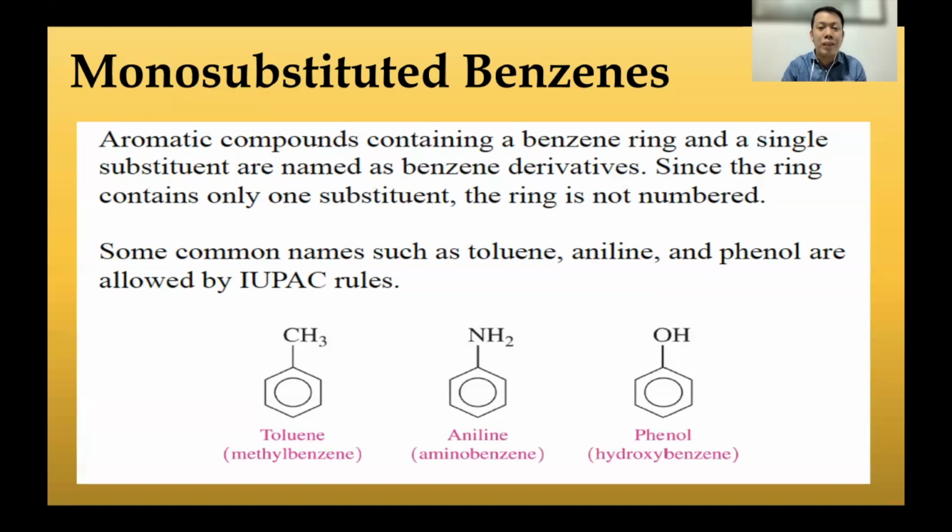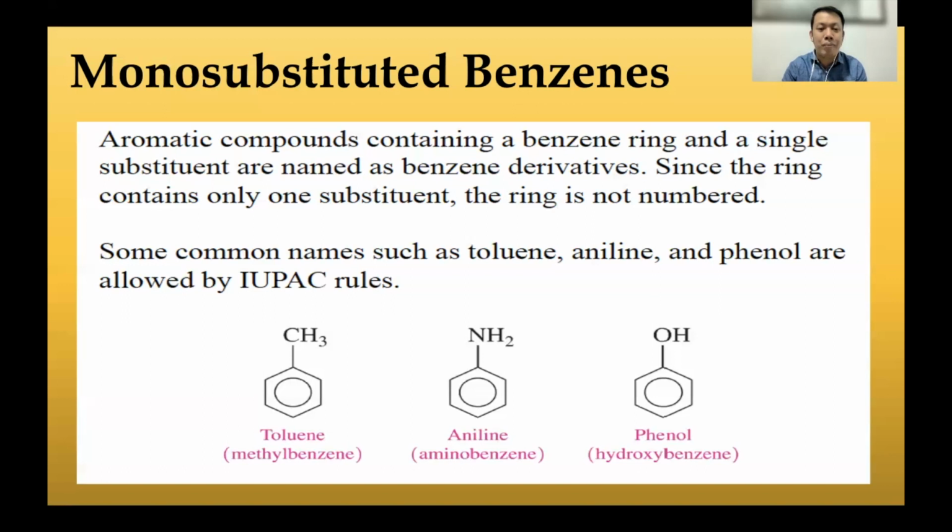Unlike the IUPAC system, wherein there are certain rules, just like the one that I presented to you in the previous video tutorial, that there are certain steps in writing chemical formulas or drawing chemical structures using the IUPAC system.